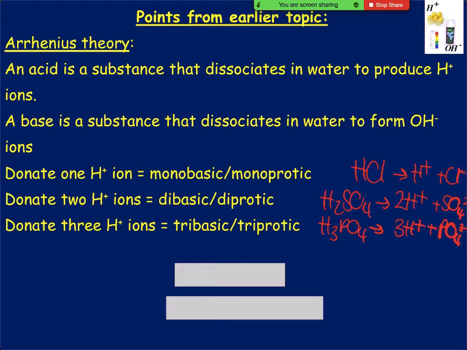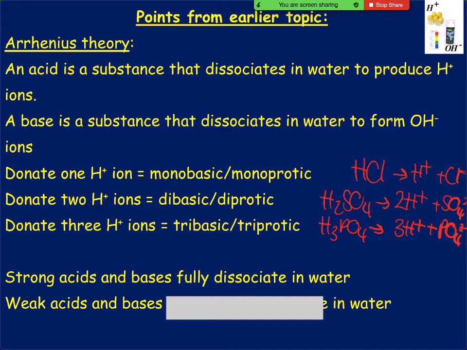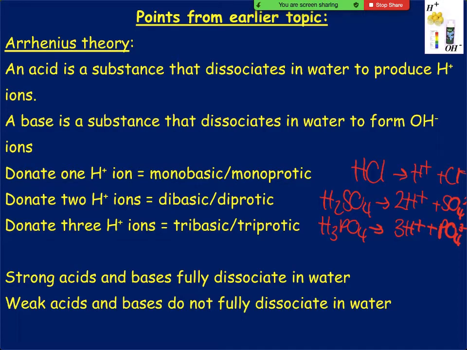Using Arrhenius, strong acids, strong bases, how are you going to describe them? They dissociate fully in water. Yes, strong is the ones that dissociate fully, and weak ones do not fully dissociate or only slightly dissociate. Remember, there is one word we can't use.